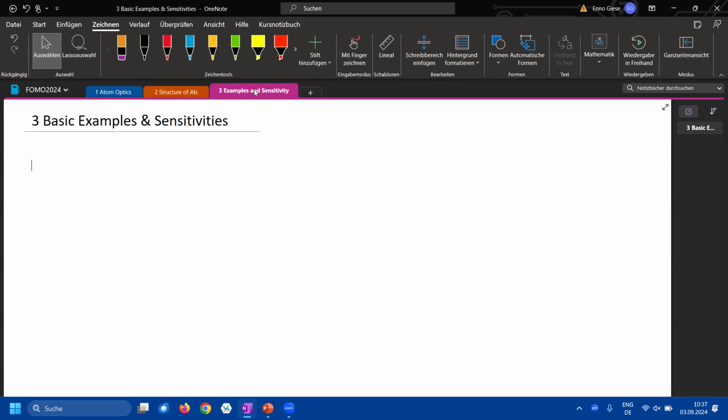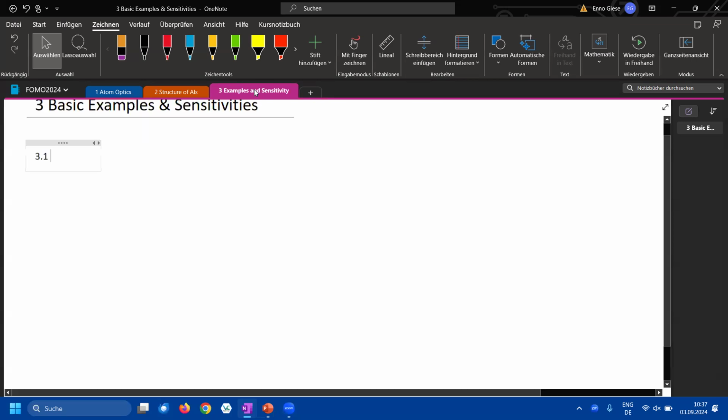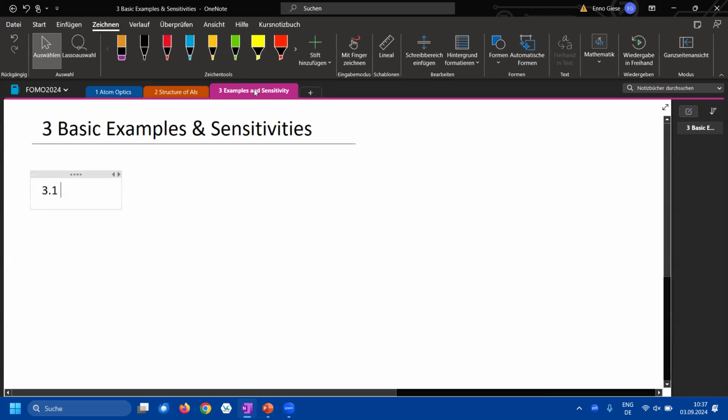But I will calculate that in an operator form, because you also see that now accelerations generate phases. So what we look at in the first example, that's a closed interferometer with free atoms. Okay, and I will zoom in to make it larger.